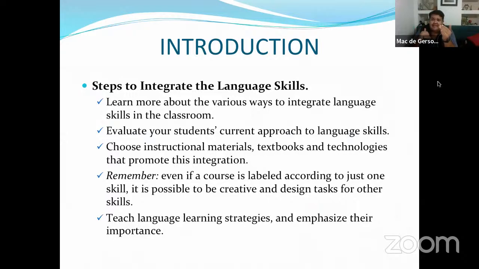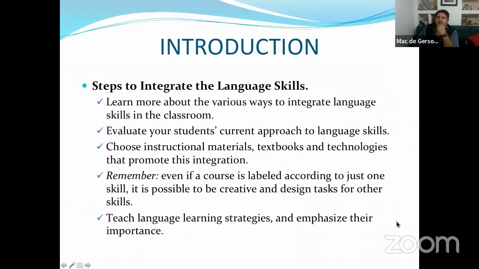So the predominant skill in your class is reading. But you might include listening, an audio, a conversation task, a writing task, so you can integrate all the skills.